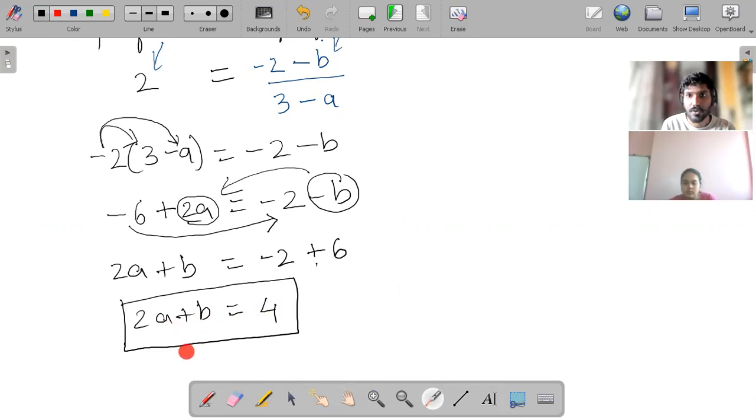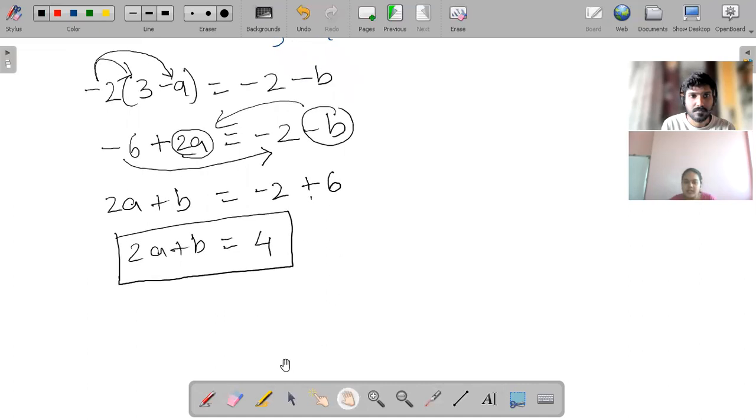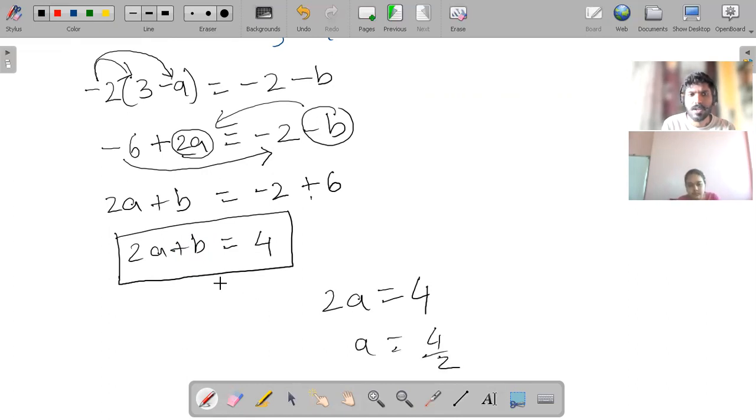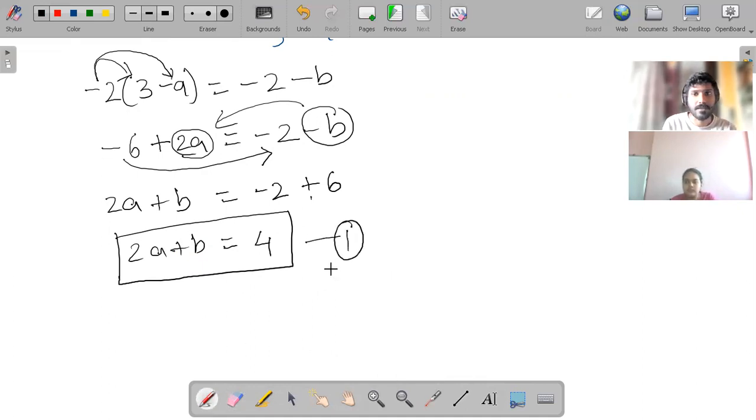We cannot do that because there is a plus sign here, and the term plus B is there. If plus B wouldn't be there, suppose it would be 2A equal to 4, then you could have divided it like that. But there is a term here, plus B, and it is a variable, so that is why we cannot do that. So it's better we keep it as it is, and we'll call this equation number 1.